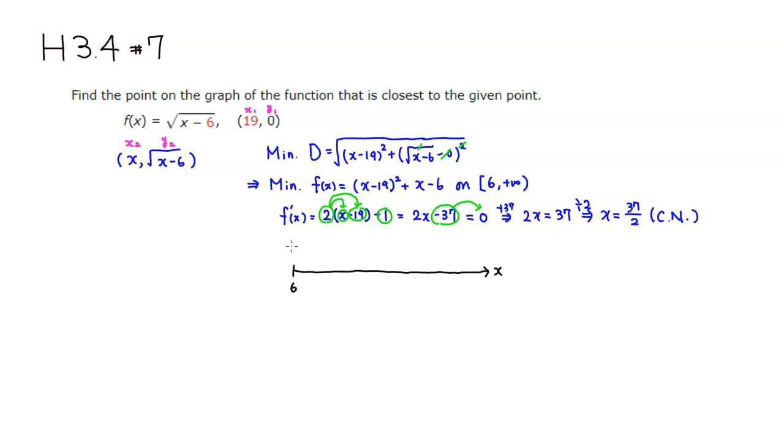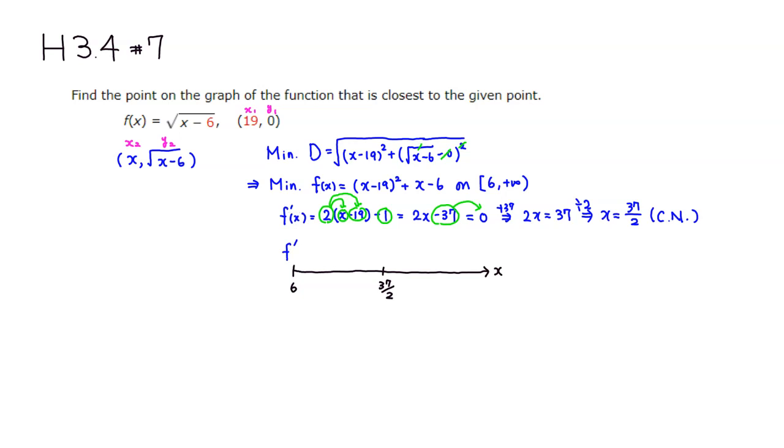Then I put a tick mark for 37 over 2. Then we're going to look at the sign of f prime so that we can discuss the increasing, decreasing behavior of the original function f.